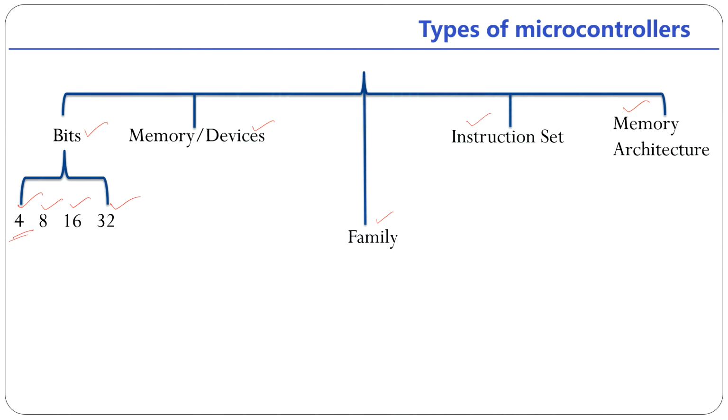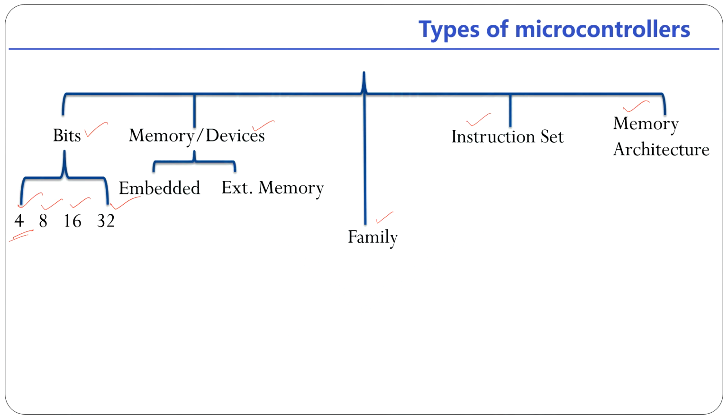4-bit means at a time it will perform operations on 4-bit numbers, whereas in the case of 8-bit it will perform operations on 8-bit numbers at a time. Here 16 bits, here 32 bits. Under memory and IO devices, they are classified into embedded microcontrollers and extended memory microcontrollers.